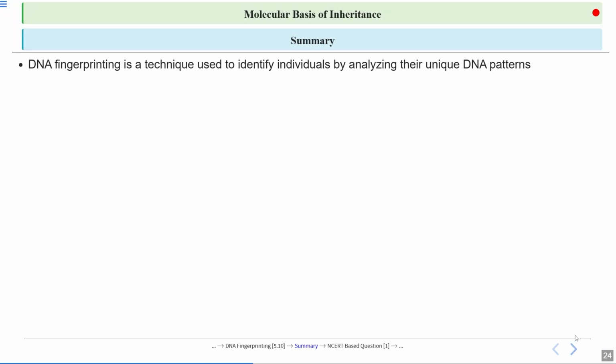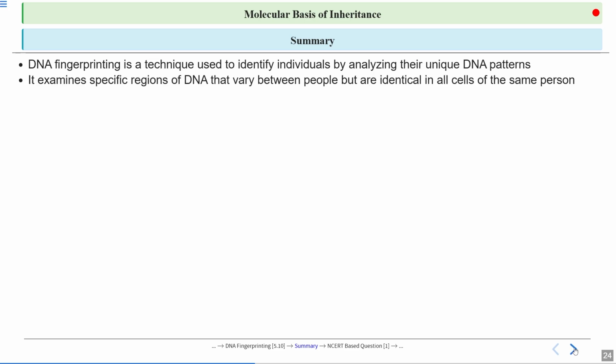So, what was the summary of today's class? DNA fingerprinting is a technique used to identify individuals by analyzing their unique DNA pattern. It examines specific regions of DNA that vary between people in a population but are identical in all cells of the same person.